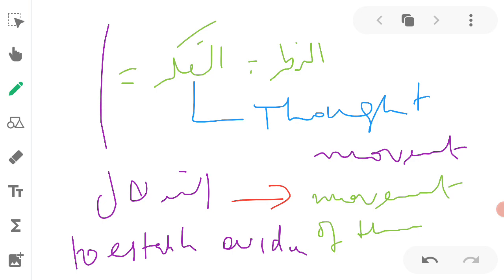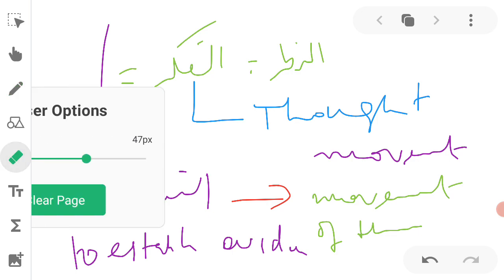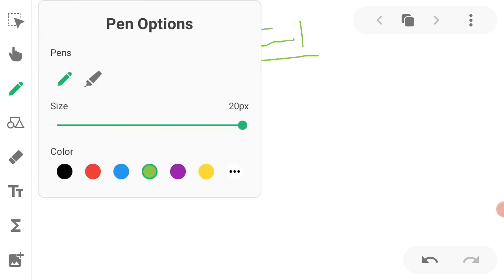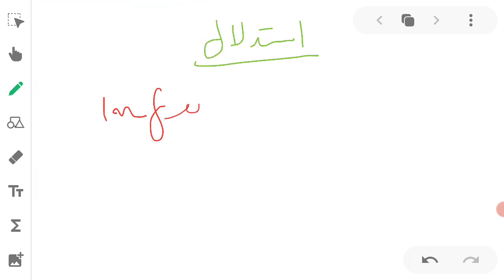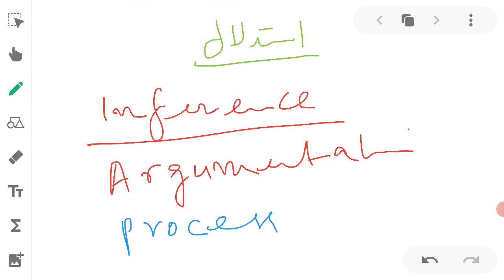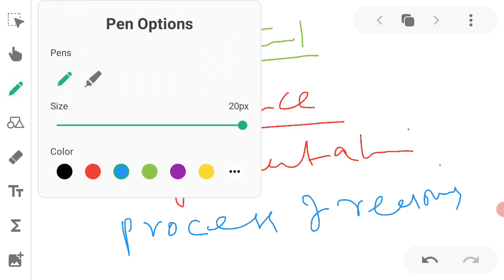So basically, what istidlal is in this context is inference or argumentation or process of reasoning.